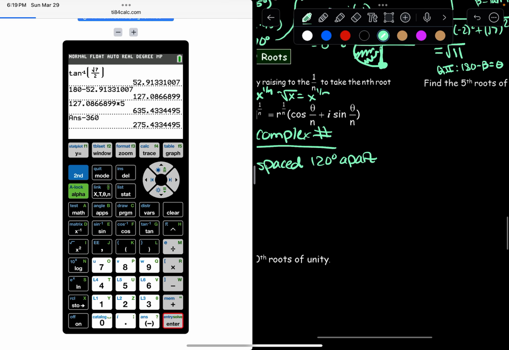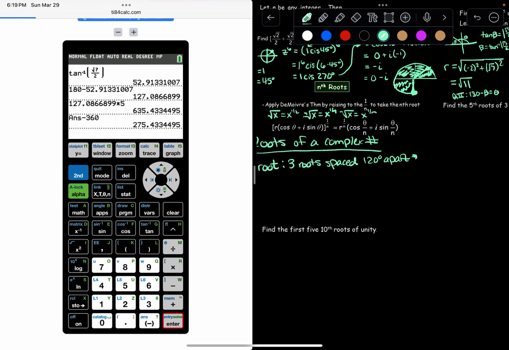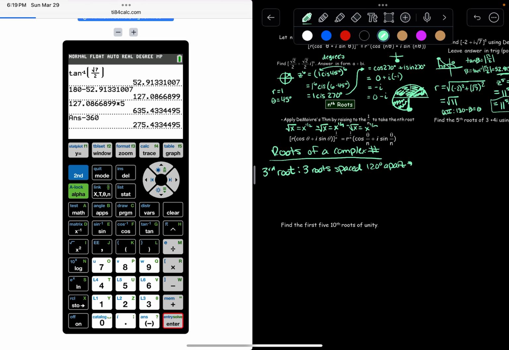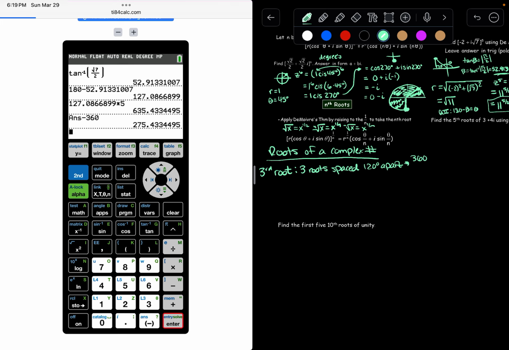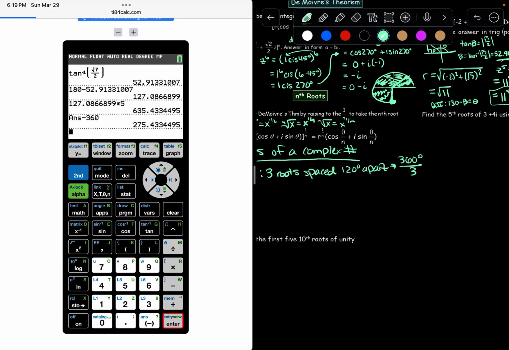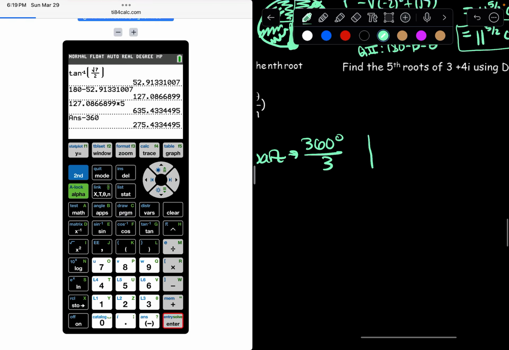And we get the 120 because we are going to find the roots within 1 revolution, so 360 degrees or 2 pi. So we take 360 degrees and divide it by 3, which means the roots will be evenly spaced by 120 degrees. If we were to visualize this, we could end up with a solution here, and here.